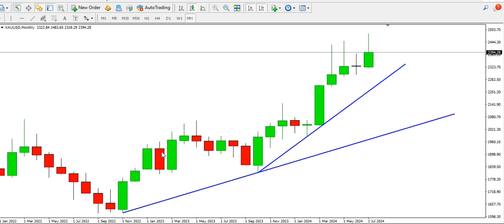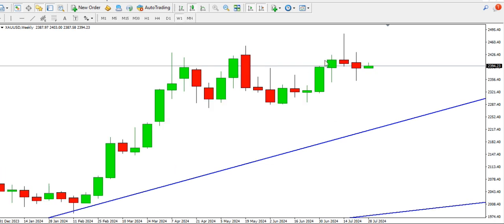On the weekly time frame, we can see that we have this particular candle indicating that price ought to drop, but the buyers stepped in last week, and we can see the buyers pushing price up for this particular week, which has just started, pushing price up to the 2403 level, which is the high of the week for now.